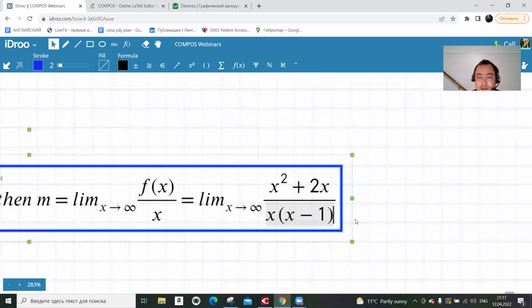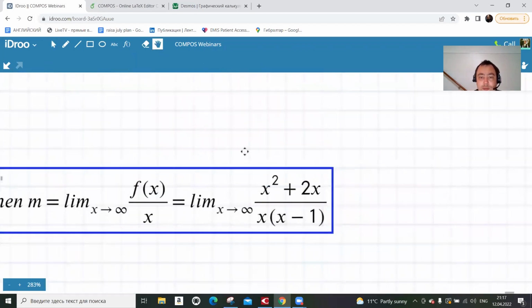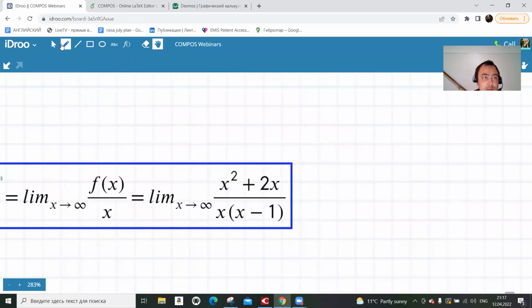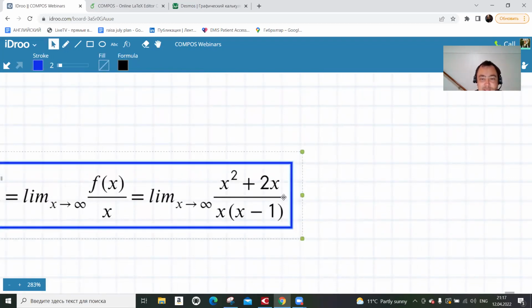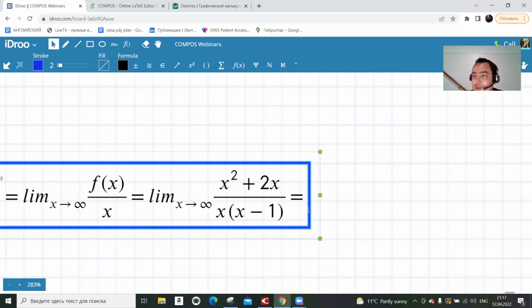And if I open the brackets, actually what I need to do is the opposite of opening the brackets to find the limit. And this is an incredibly useful skill.